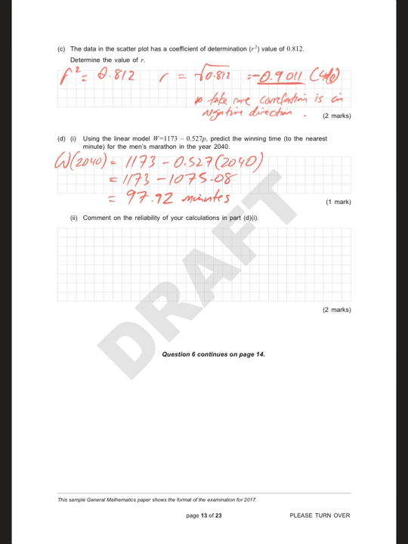Comment on the reliability of calculations in part D1. Well, if I look back on the printed data, the data doesn't go up to 2040. It stops before 1980. This is definitely not reliable. R squared is 0.812, so the correlation is not very strong to begin with.